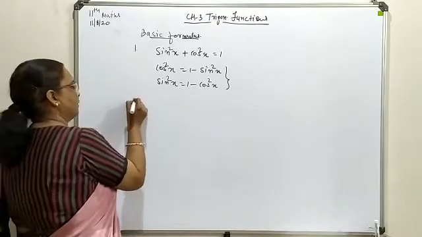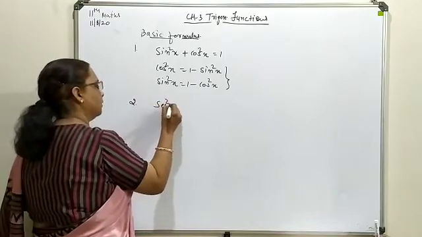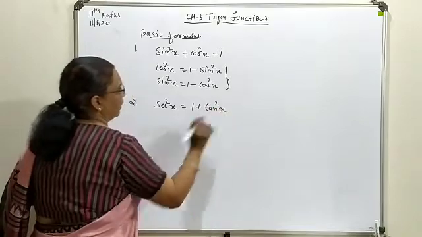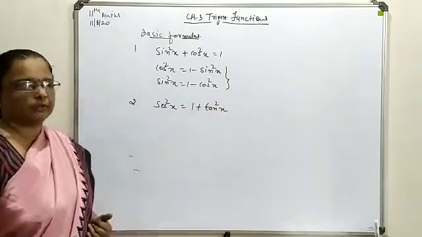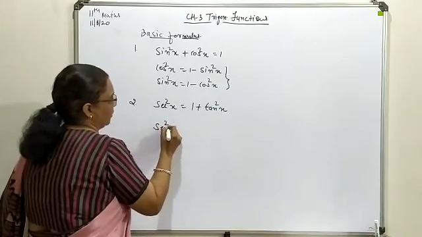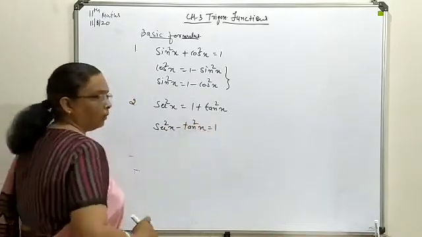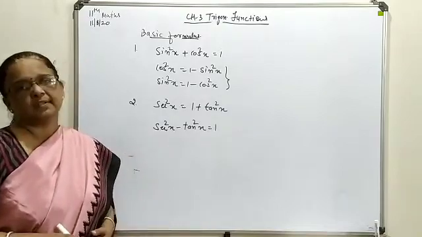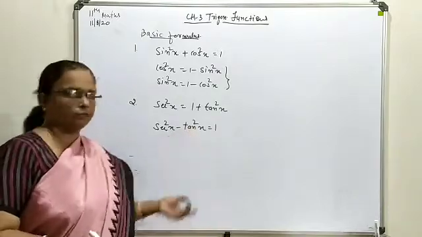Now the second one is in terms of sec and tangent that you have also studied, that is sec square x equals 1 plus tan square x. So that also can be exchanged. If you write sec square x minus tan square x, you can replace it by 1, or if somewhere 1 is written and for further solution sec and tangent are required, you can use this formula form.